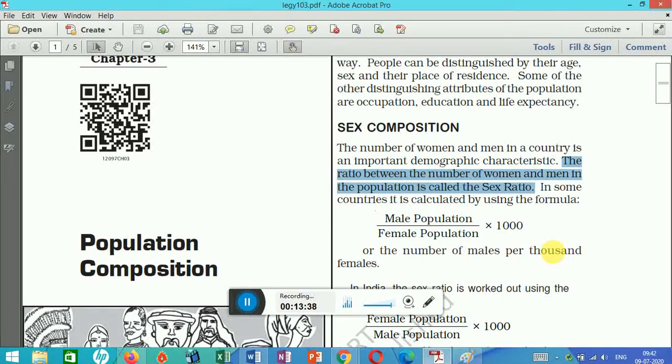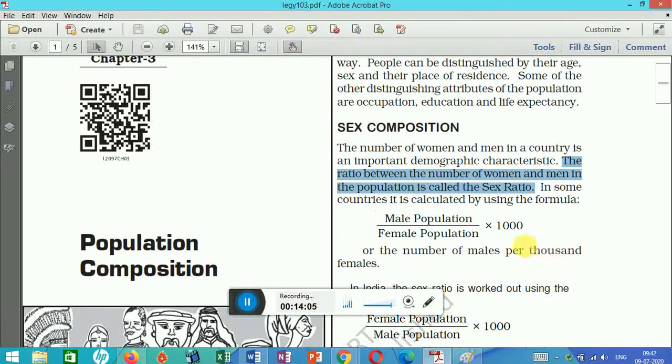The mathematical relation between women and men in the population is called sex ratio. In other words, it tells how many males are there per a number of females, or how many females are there per number of males.